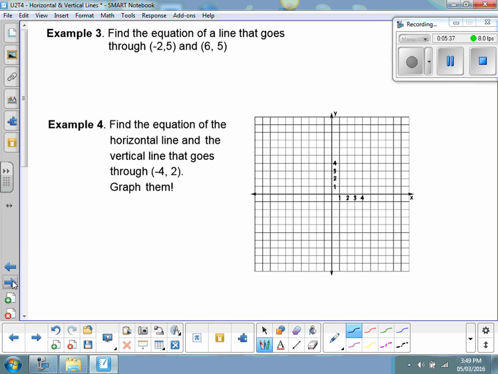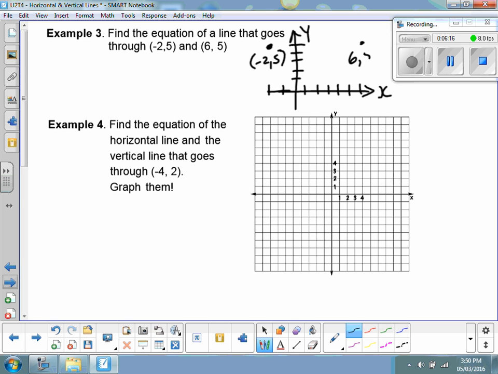All right, example 3. Find the equation of the line that goes through (-2, 5) and (6, 5). Well, again, it's going to be helpful for me to come up with a picture here. X and Y. I've got a point at (-2, 5). And I've got a point at (6, 5). So 1, 2, 3, 4, 5, 6, and up to 5.